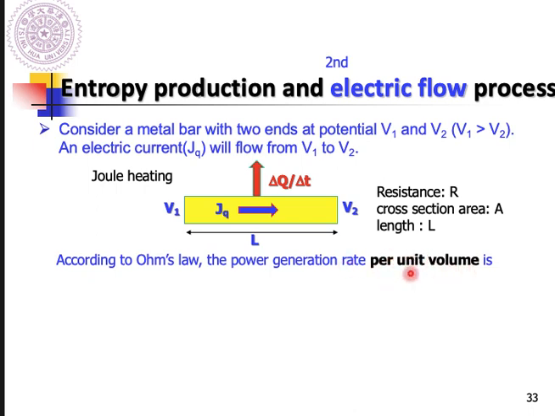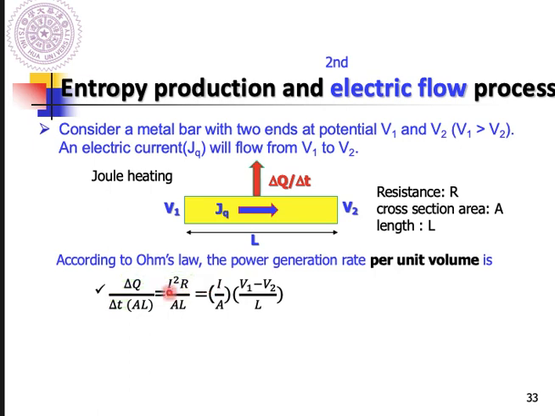We need to put the per unit volume here because don't forget our purpose is to correlate the entropy production rate per unit volume with the flux and driving force, right? So we write down the heat generation rate or power generation rate per volume. A times L is the volume, and this is P, right? So it's I squared R.